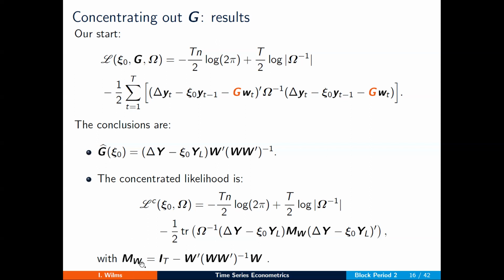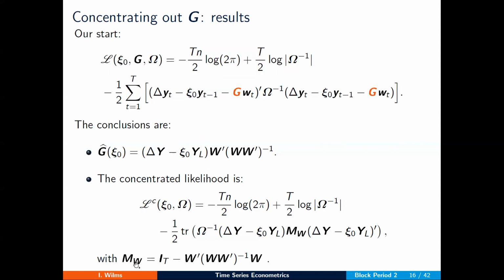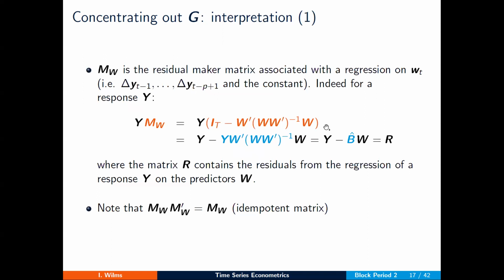Now, what is this new matrix MW? Well, if you pre-multiply this MW by a matrix Y, what do you get then? You get Y multiplied by this entire thing, where I just copied over in red the definition of MW from the previous slide.